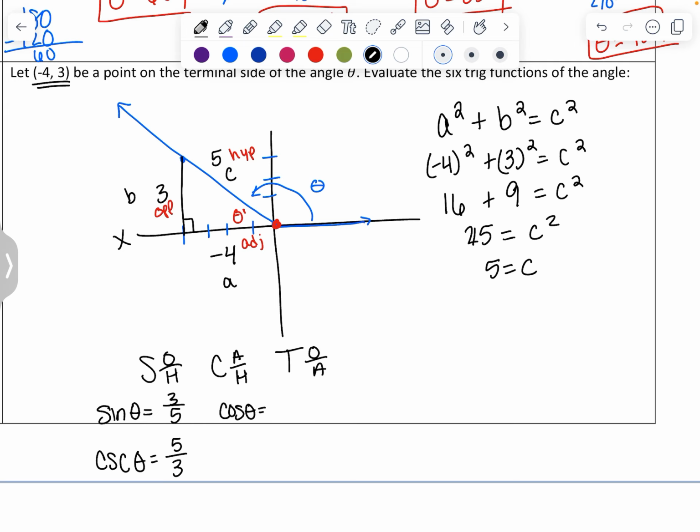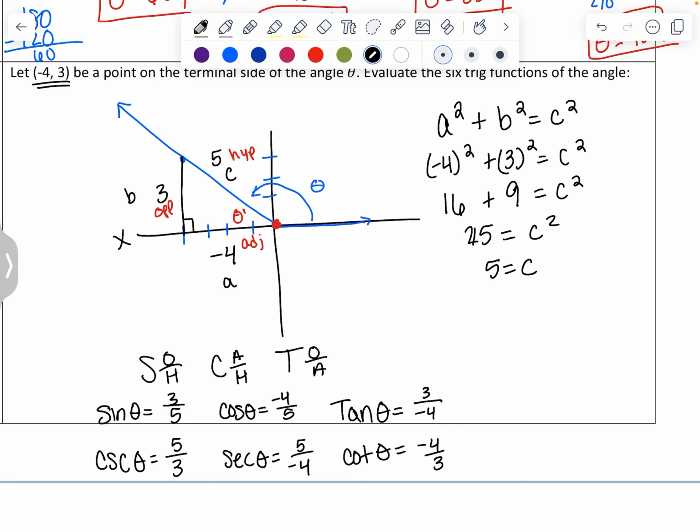Cosine would be adjacent over hypotenuse, and secant is the reciprocal of that. And then tangent of the angle is opposite over adjacent, and cotangent of the angle is -4/3.